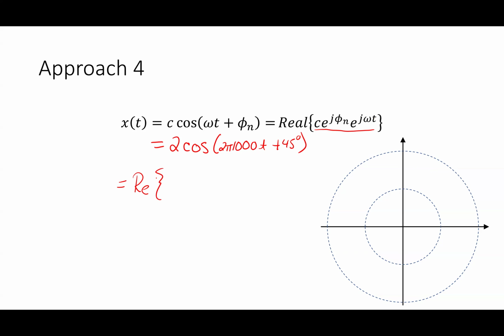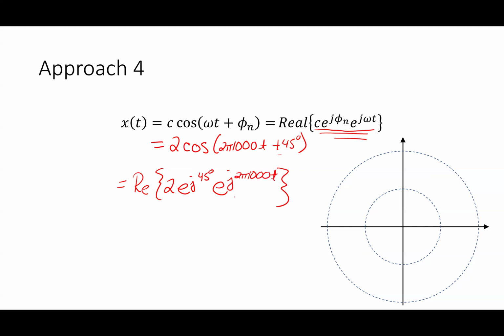What would I write inside here using this relationship for this waveform? The real part of 2 e to the j phi n, so e to the j 45 degrees, times e to the j 2 pi 1000 t.